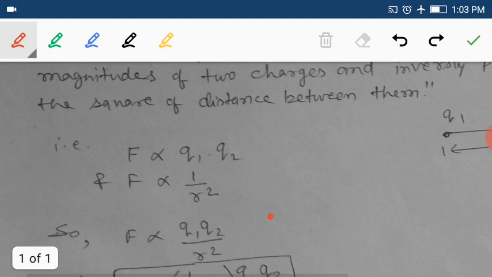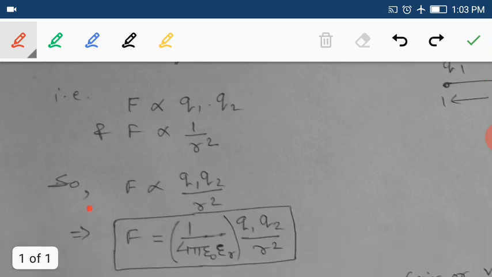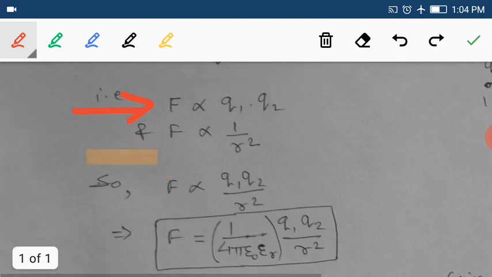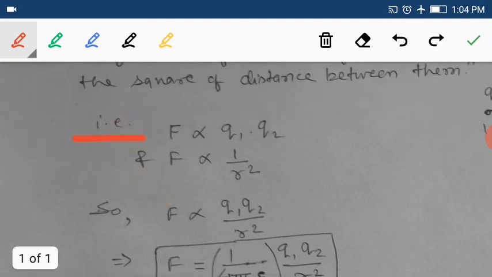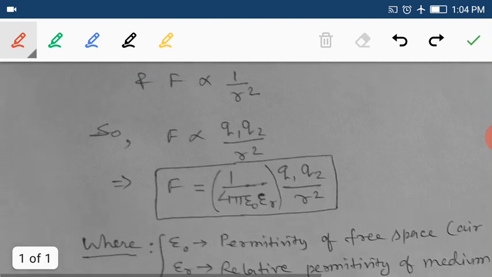When we go for the mathematical expression, the force is directly proportional to the product of the magnitude of two charges and is inversely proportional to the square of distance between them. When we combine these two statements, we find that the force is given like here.